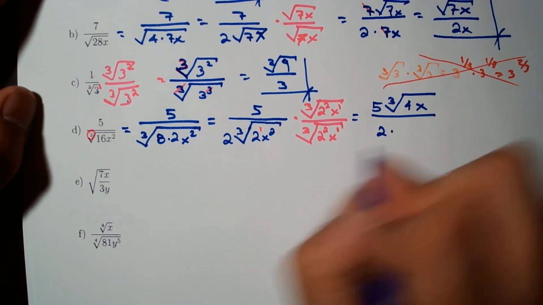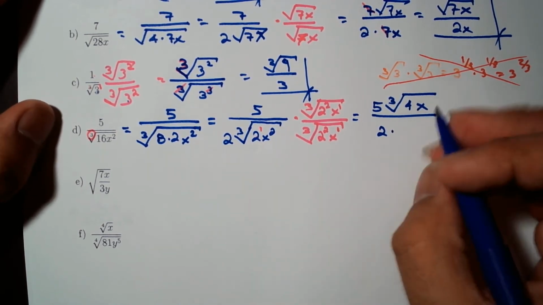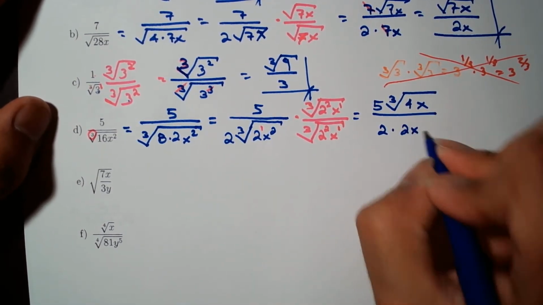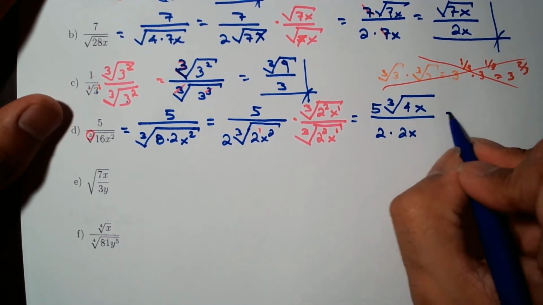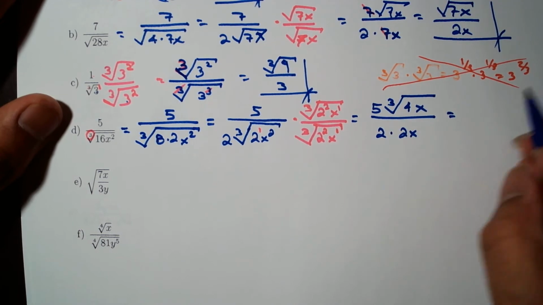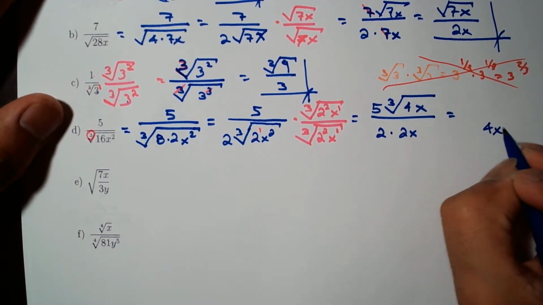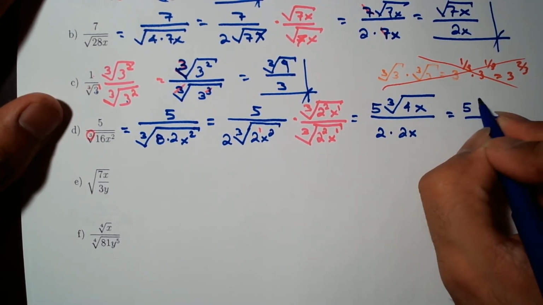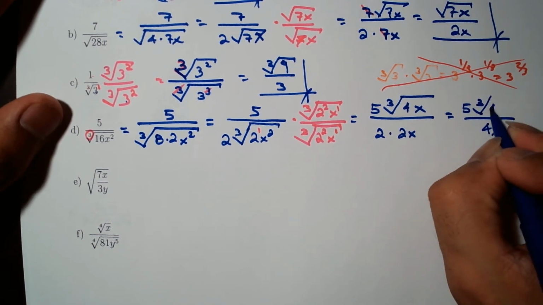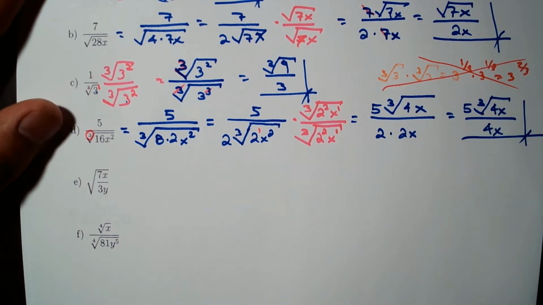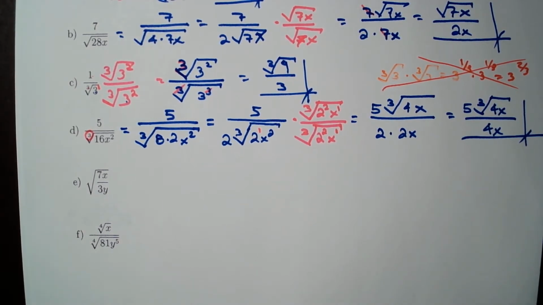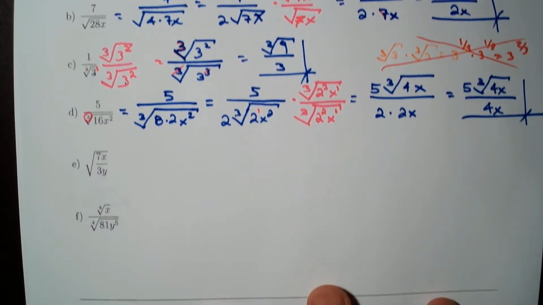Well, I can simply have it as 2x, and all you want to do is multiply across. 2 times 2, which is 4x. Alright, final answer.